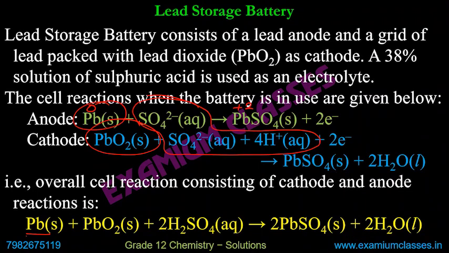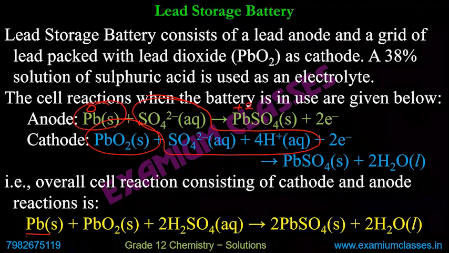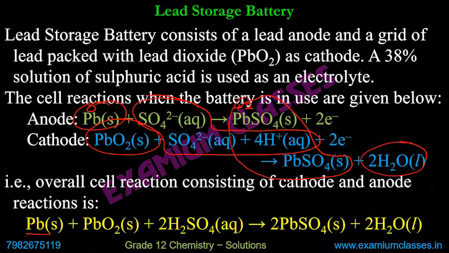This is 2H2SO4. And it will give you 2PbSO4 and 2H2O. 2PbSO4 you can write like this.